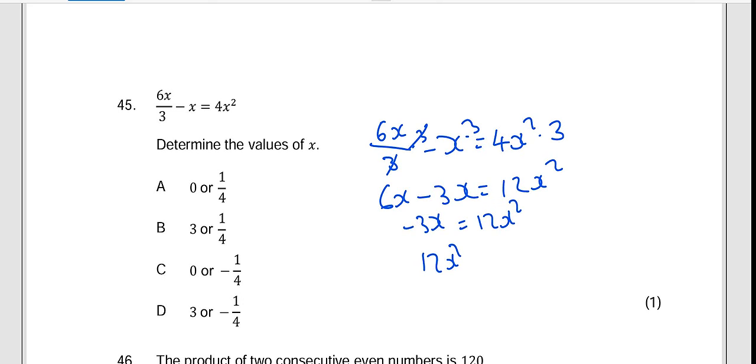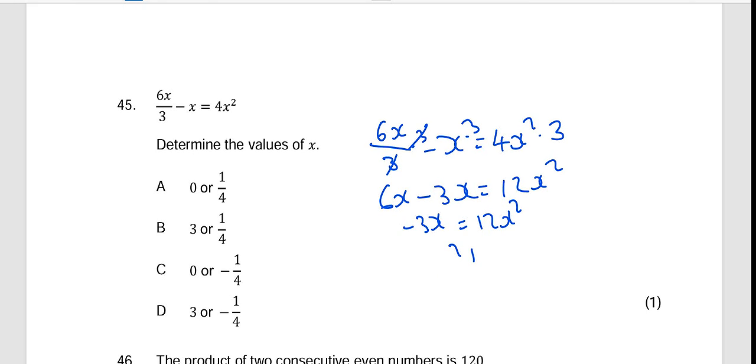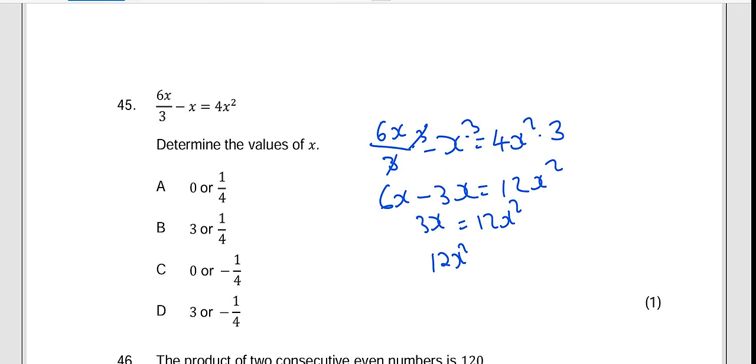Okay, guys. I will take this 3x to the other side, so it's going to be 12x squared minus 3x equals 0.